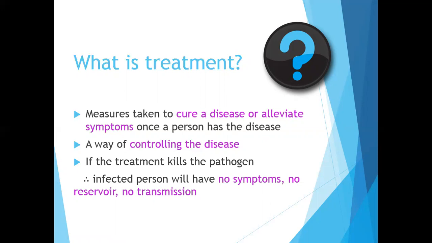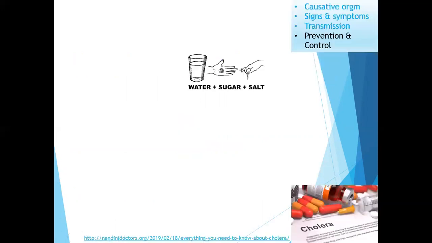Because of that, there'll be no more transmission, meaning he will no longer be able to pass the pathogen to another person. That means he's no longer an infected person, because he's free from the pathogen, as all pathogens are killed. So the infected person will no longer have symptoms, no more reservoir, and no more transmission to other people.